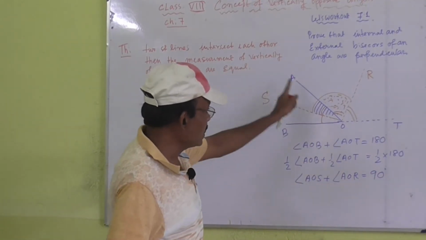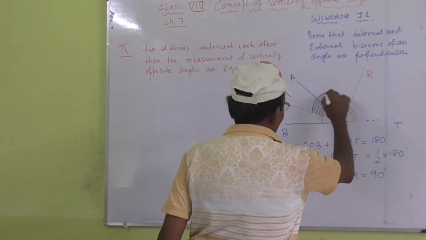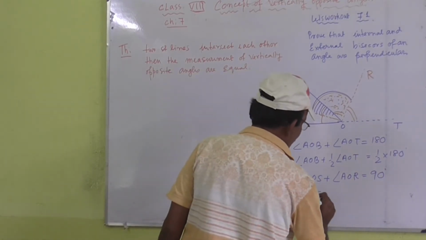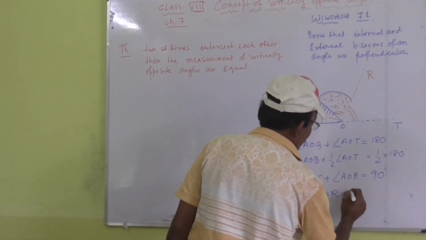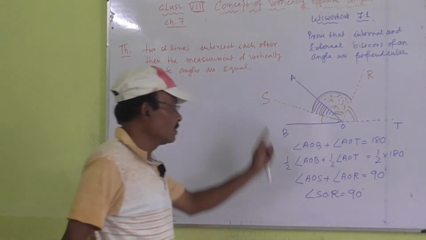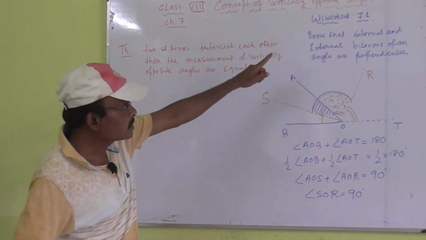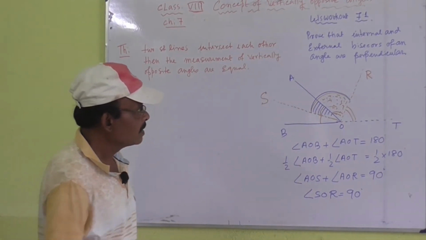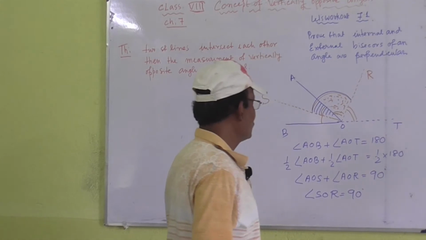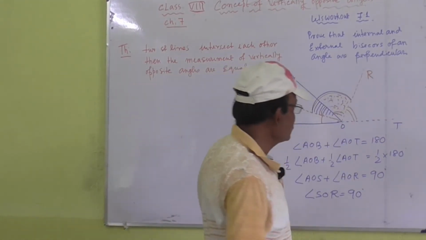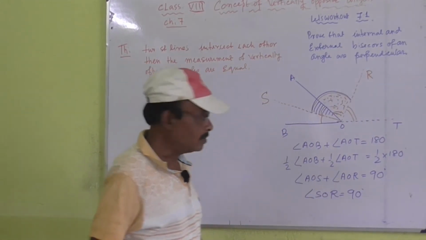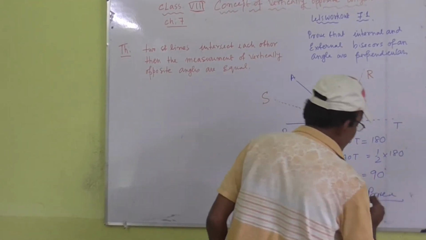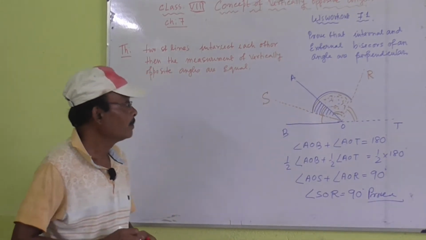So AOS and AOR will be SOR. Okay. So this sum is proved that the internal and external bisectors of an angle are perpendicular. So SOR is perpendicular, that means 90 degrees. Proved? Clear? Okay.